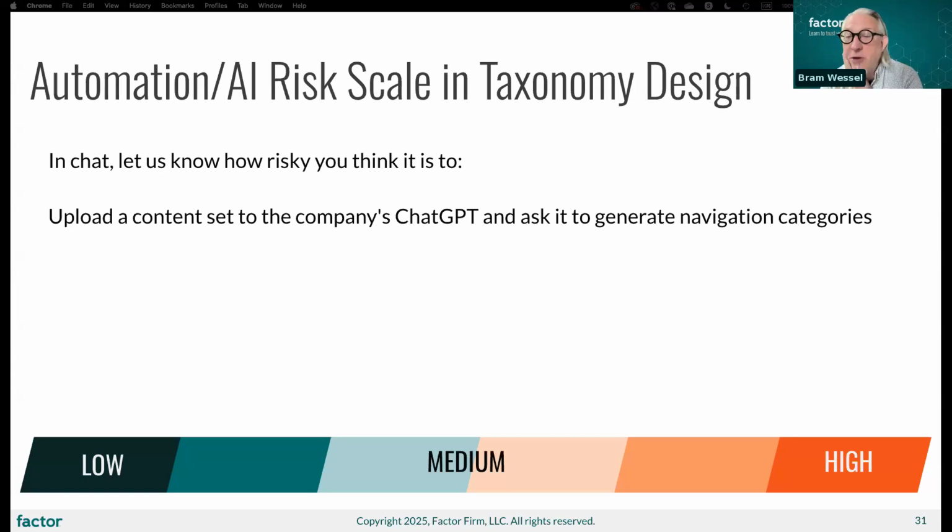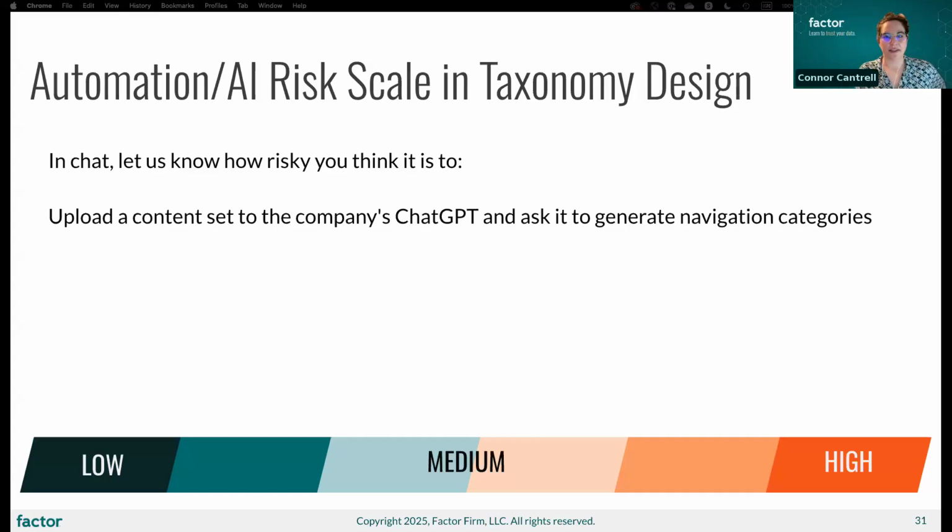If enterprise only, low, medium, low. Enterprise only, I'm assuming, means that the ChatGPT instance is confined. Medium to high, again, depending on how much IP is included. Low to medium. Medium as long as you review it.